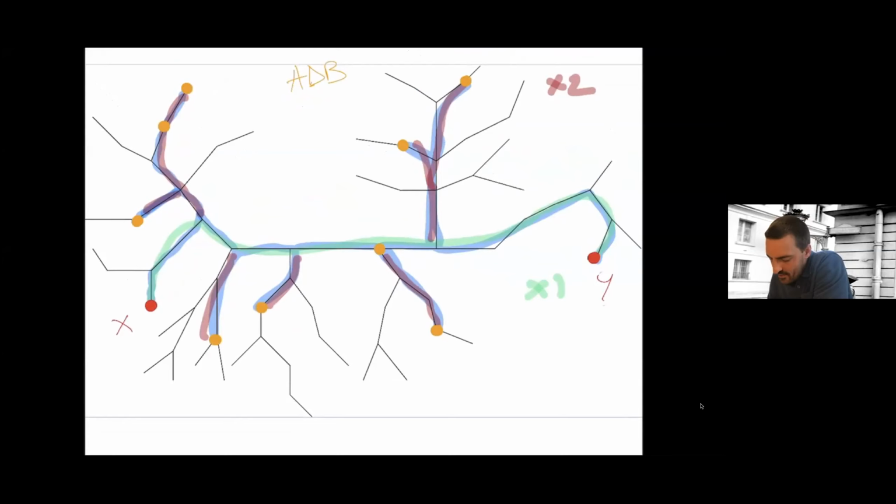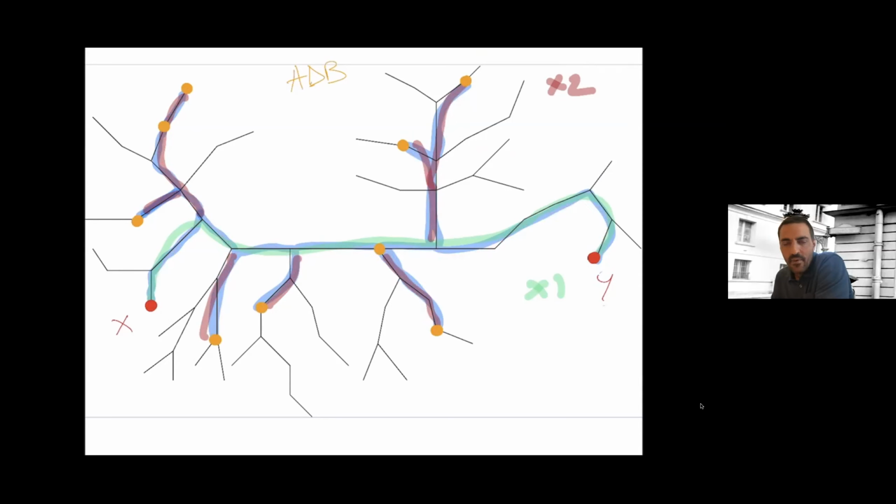Assume that we want to start at X and go to Y and visit all these orange vertices. The orange vertices represent the symmetric difference between A and B. So you want to visit all these points. How would you do this on a tree? Well, you don't have many options, right? So what you do, you start from X, and then you go visit these points, you backtrack, you go visit these two points, you backtrack, and you keep doing this, right? So this is pretty straightforward how you do this, and then you finish there.